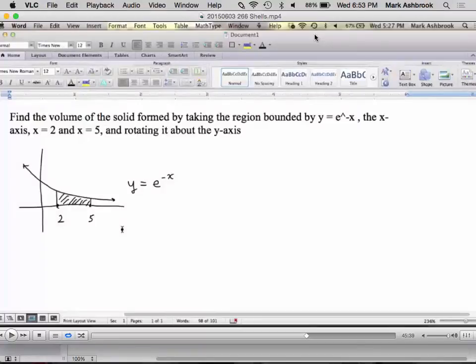Okay, go. I even gave you the picture. Bonus. Just set up the integral, okay?